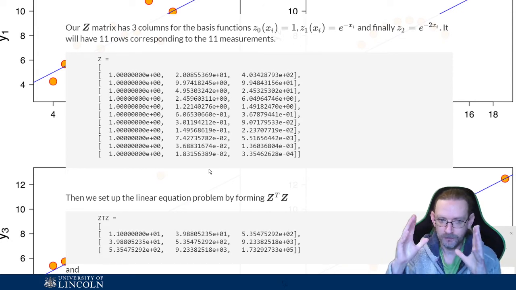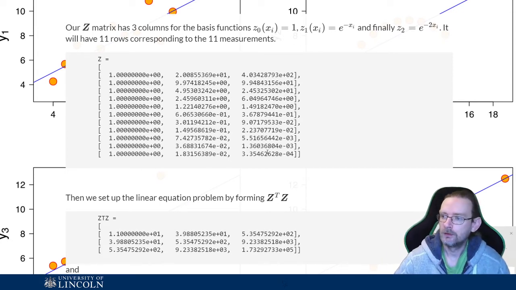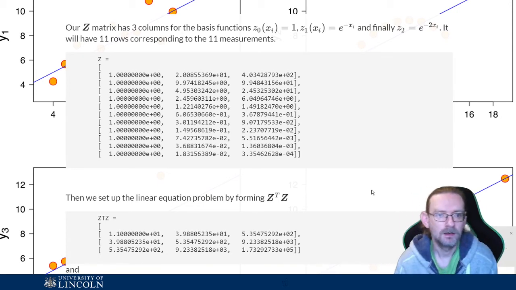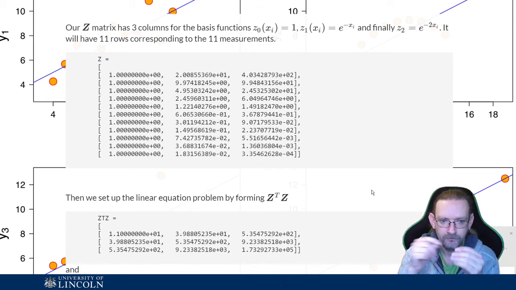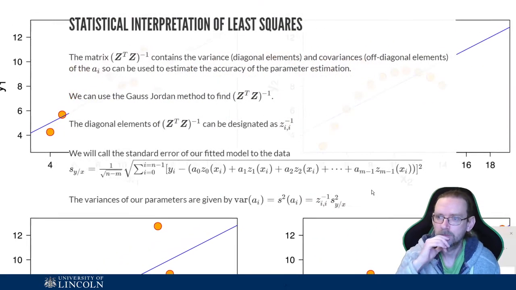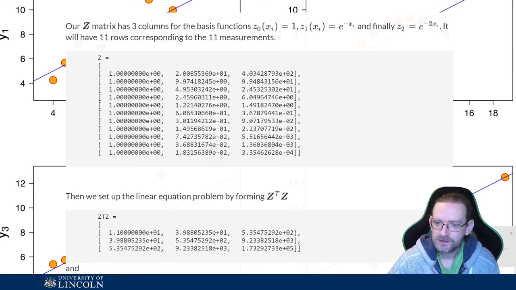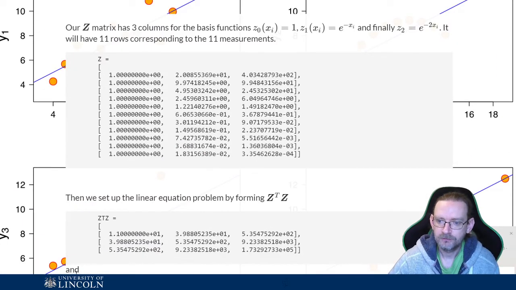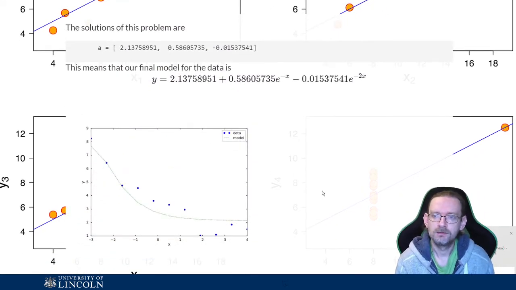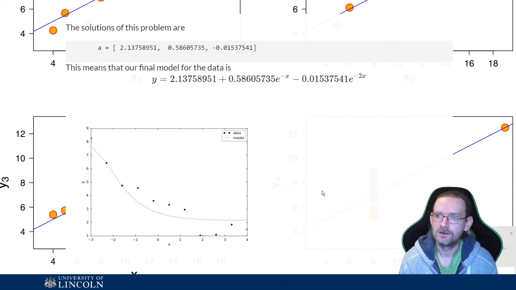You can build the Z matrix and then tell them to transpose it. If you're doing it yourself, then you'll have to flip around your indices and make a separate copy. So that's the Z transpose here. I've messed up in the slide. But once you do the Z transpose Y, you get a vector with 3 values. And then you solve the linear problem to get these a values.